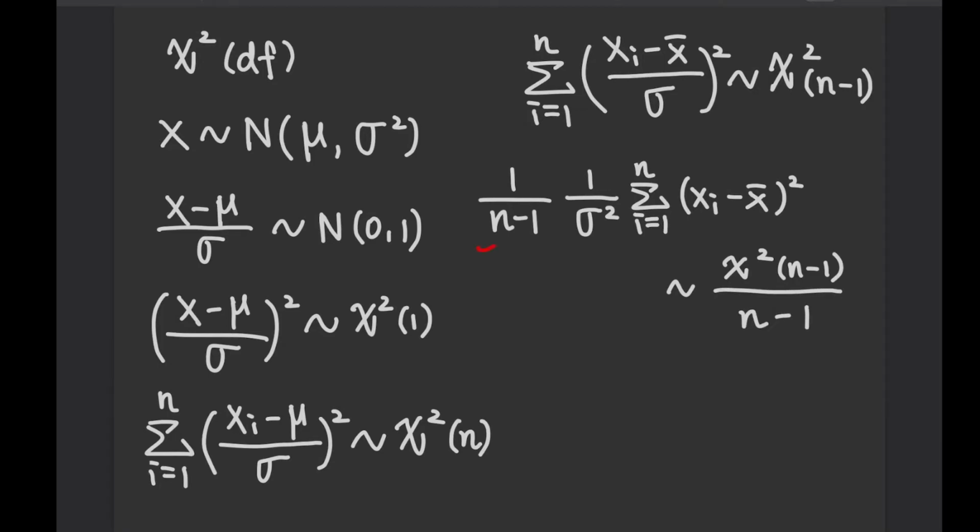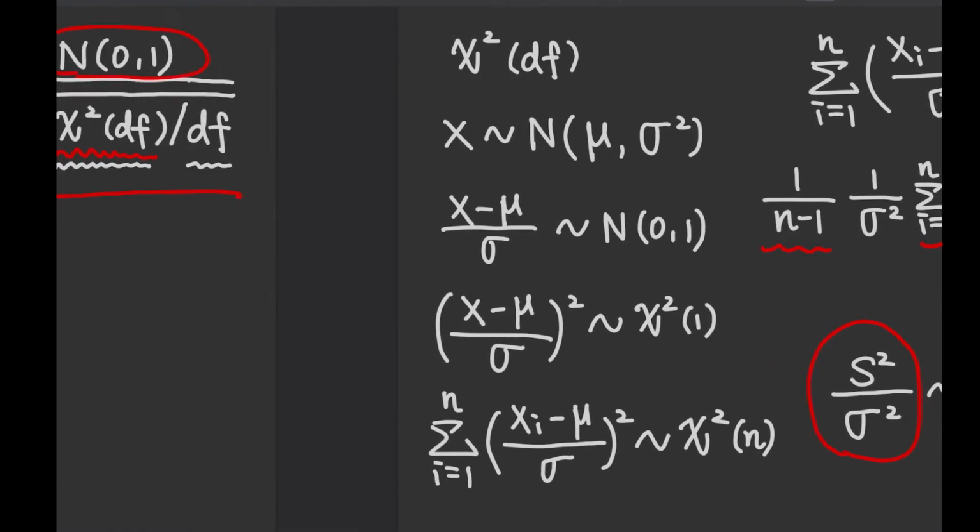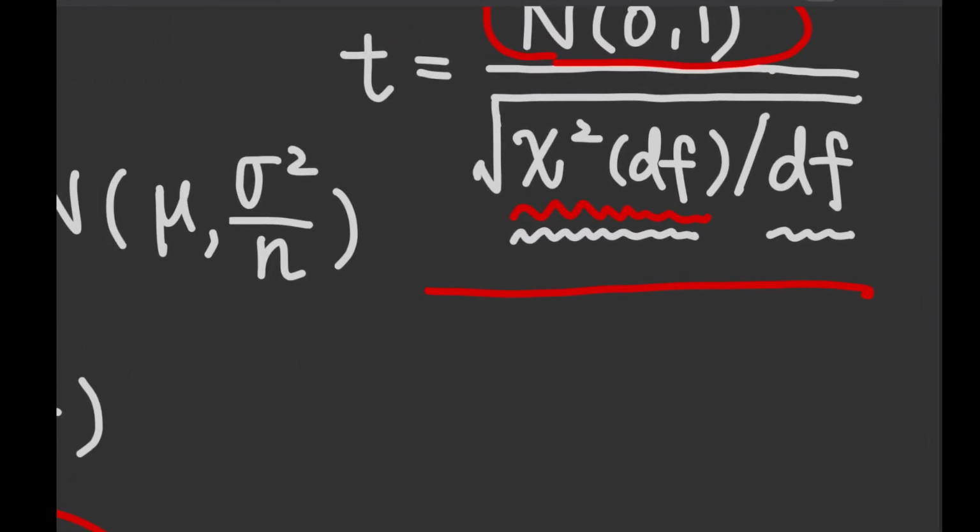And you realize that these underlying terms are actually the sample variance. Sample variance divided by the population variance follows a chi-square distribution with a degree of freedom n minus 1 divided by n minus 1, alright? So this is exactly the denominator that we want in the t statistic, alright?